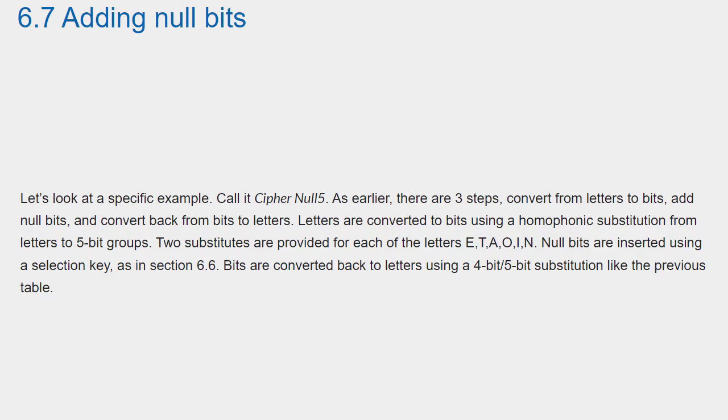Let's look at a specific example. Call it cipher null 5. As earlier, there are 3 steps: convert from letters to bits, add null bits, and convert back from bits to letters.